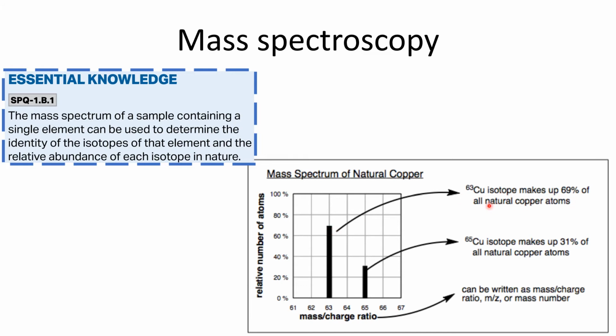So if we take a natural copper sample, it will contain copper 63 as 69% and copper 65 as 31%. This tells us that copper has 2 isotopes and that copper 63 is more abundant than copper 65, because it is 69% and copper 65 is 31%.